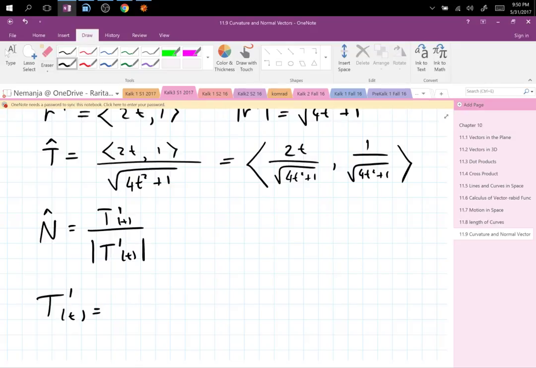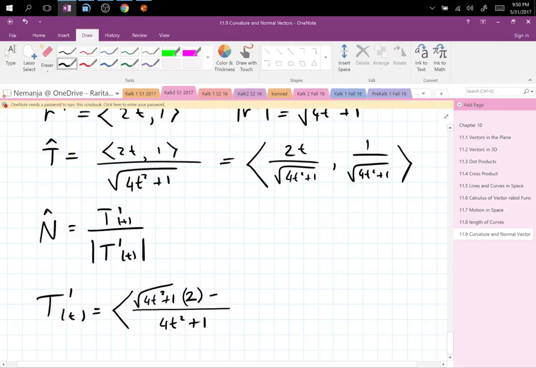So the quotient rule says that you will square the denominator, take the denominator here times the derivative of the numerator, minus 2t times the derivative of this, which is 1/2 times 4t squared plus 1 to the negative 1/2, and then times the derivative of the inside, which is 8t.